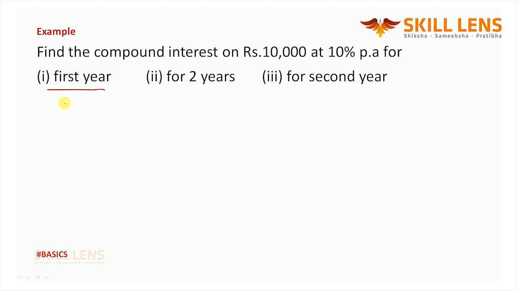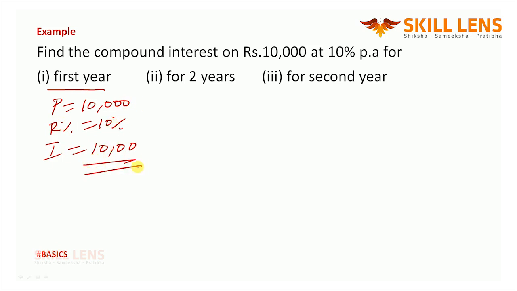What is the principal? 10,000. What is the rate of interest? 10%. On 10,000, 10% is going to be directly 1,000 rupees. So this is your answer for question number 1. Whether it is simple or compound, it's same.